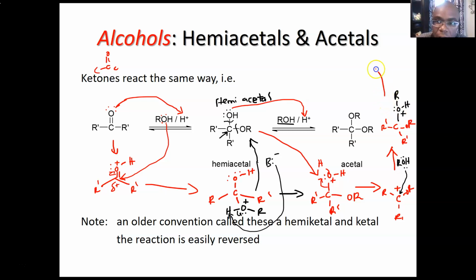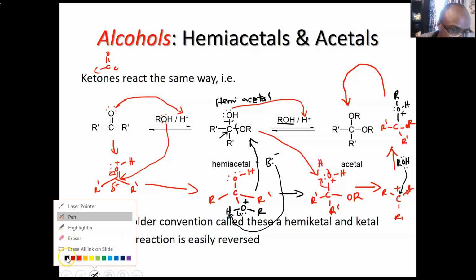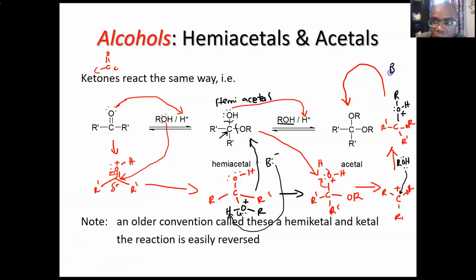And again, organic molecules don't like being charged, so one can use a base or a third molecule of the alcohol to take out this extra hydrogen and neutralize the plus charge on the oxygen. That's just an arrow. I'm just drawing the arrow from the bond to the oxygen.